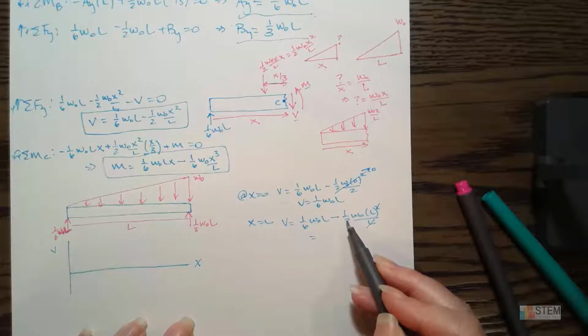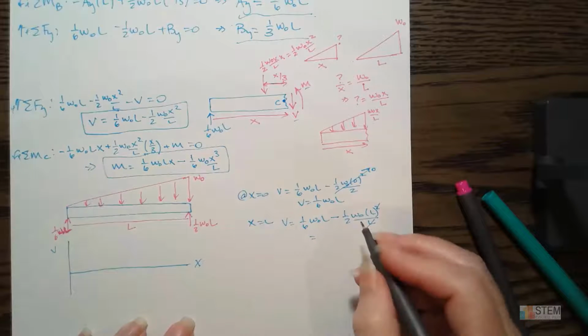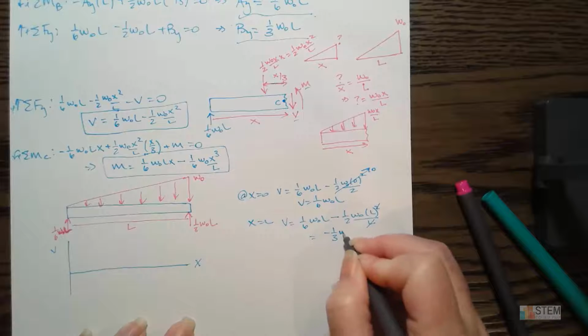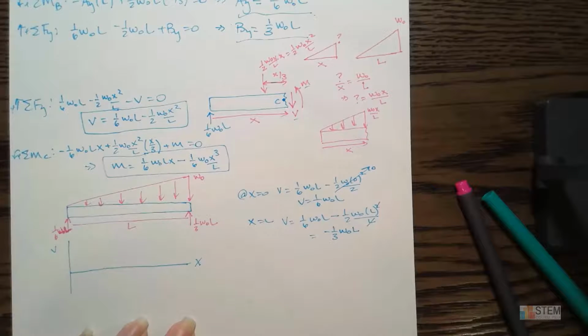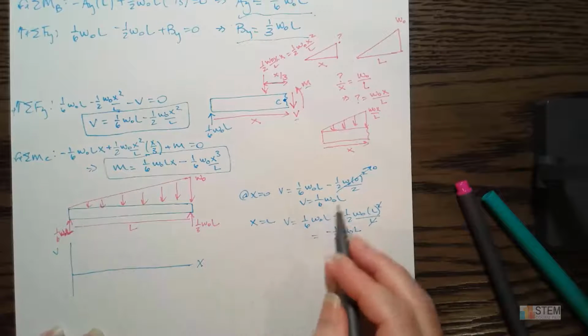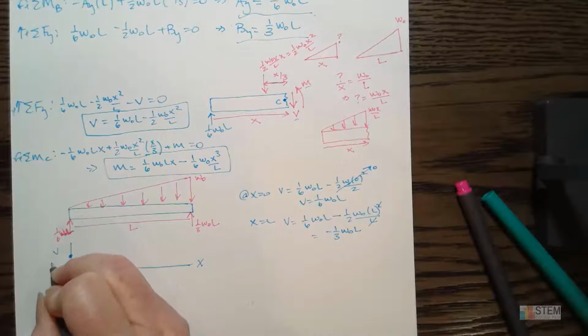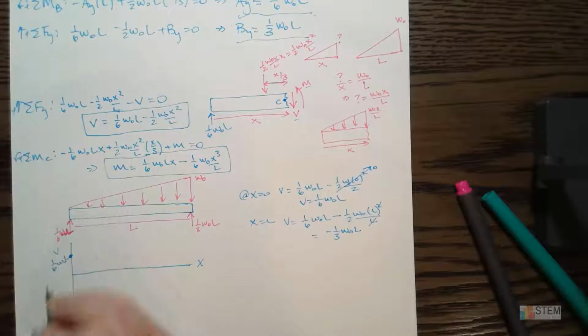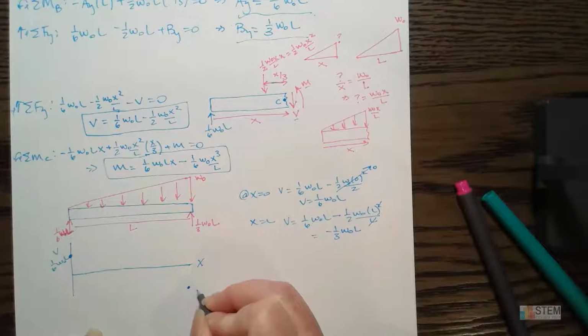So that's minus 2/6, which is minus 1/3 W naught L. So these are going to be our endpoints. This one's positive, so let's say it's right here. And then this one is negative down here, so let's put this over here.